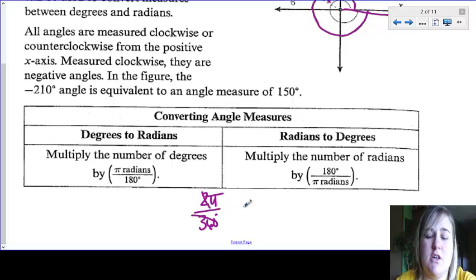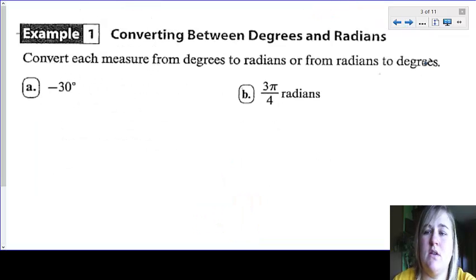If you reduce by 2 on top and bottom, that leaves you with that pi over 180. And then they flip it for changing radians to degrees. So on this one, it wants us to convert each measure from degrees to radians or from radians to degrees. If you did not write those formulas down, I would back the video up and make sure I get those put down on my homework so I can find them quickly.